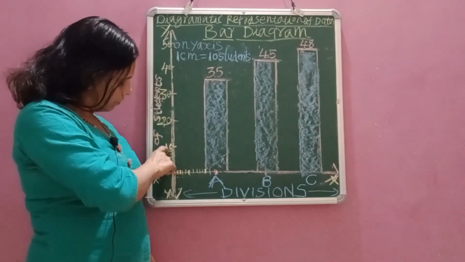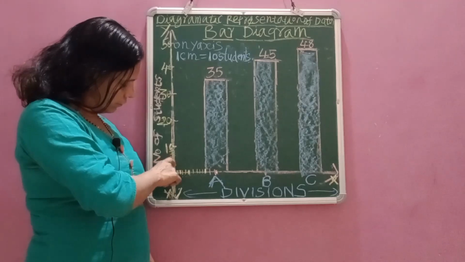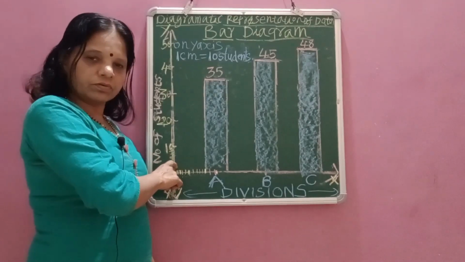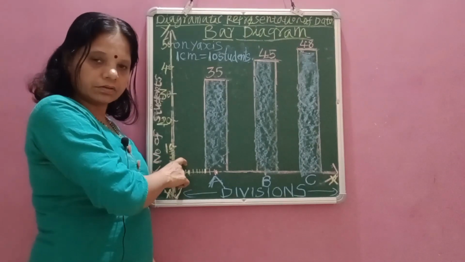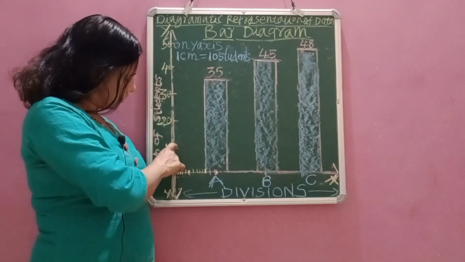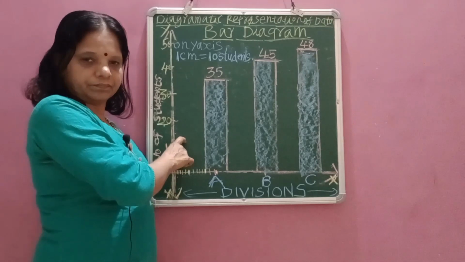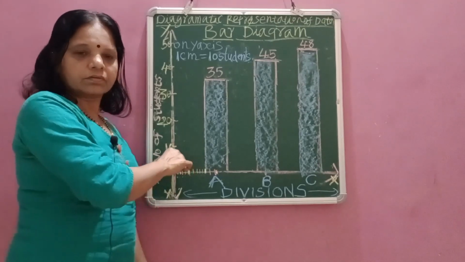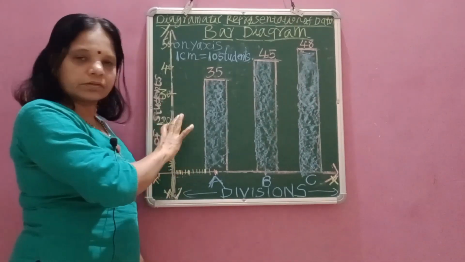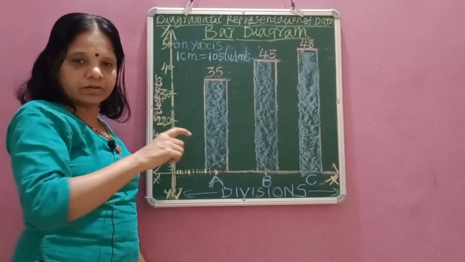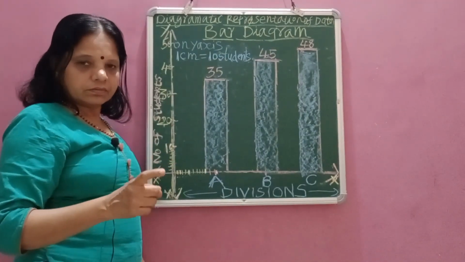For example, suppose it is 5. You have to see 5 millimeter. If it is 16, then after 10, the sixth line. So in between 1 centimeter and 2 centimeter, 10 small lines will be there, each 1 millimeter.